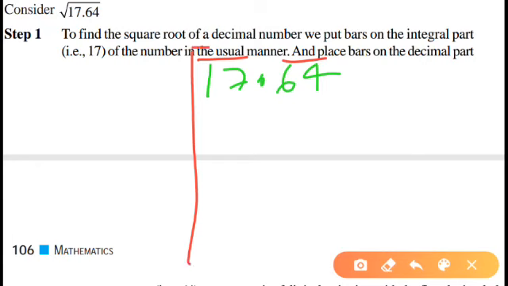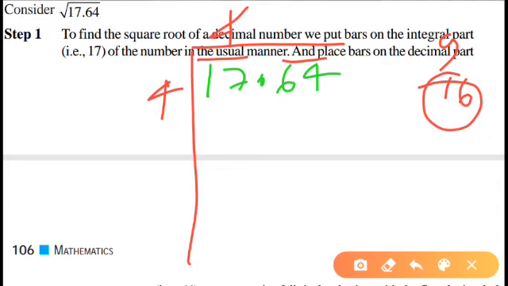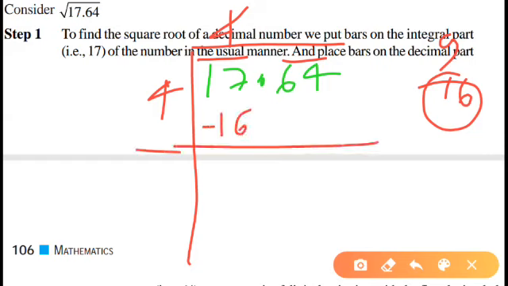Now we will solve it in a normal way. First, we know 3 times 3 is 9 and 4 times 4 is 16. So we will take the smaller part, that is 4 times 4 is 16, and on subtracting this we got 1.